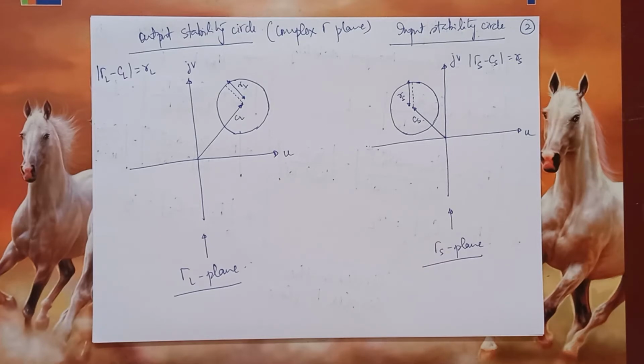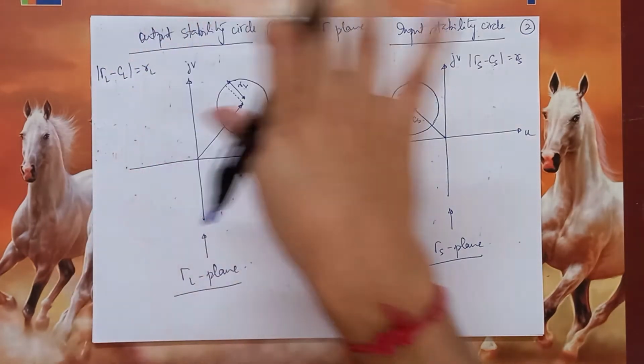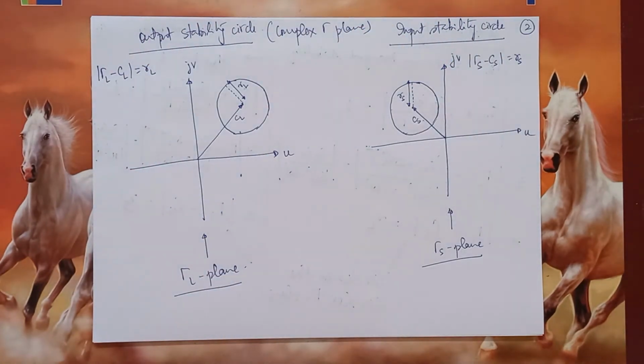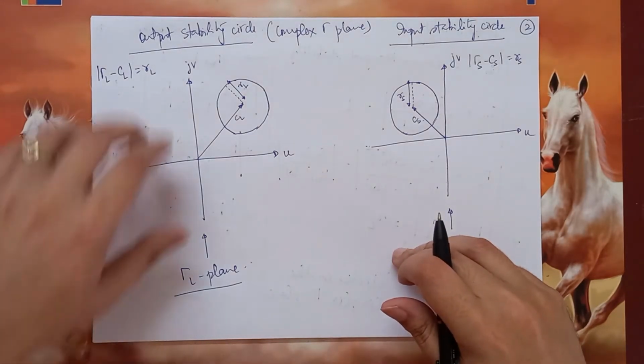Since the question of the choice of source and load impedance arises, we need to also introduce some information in these graphs which talk about impedance. Now, when I immediately say the information of impedance on a complex gamma plane, my mind immediately goes to the Smith chart. So let us do that.